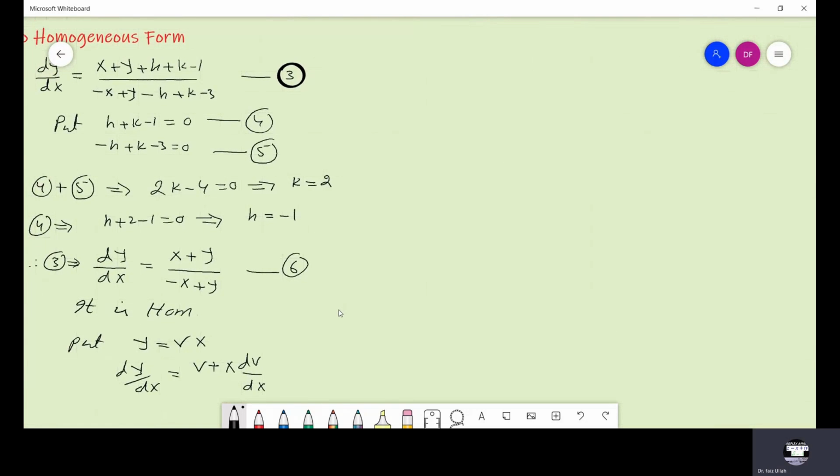So let us solve the remaining question. Here I have to just separate the screen for simplicity.